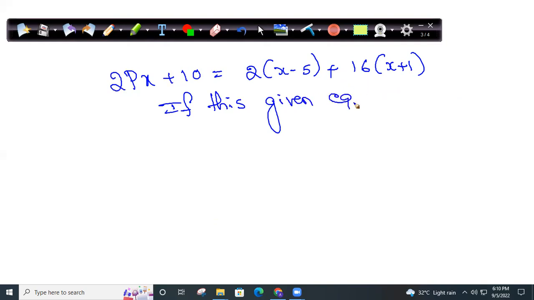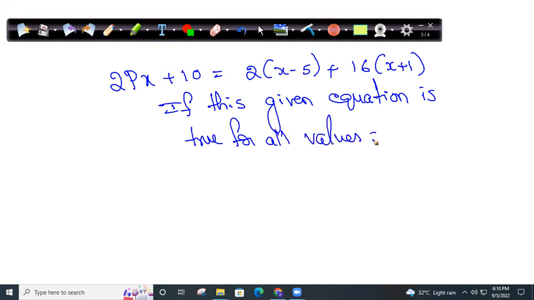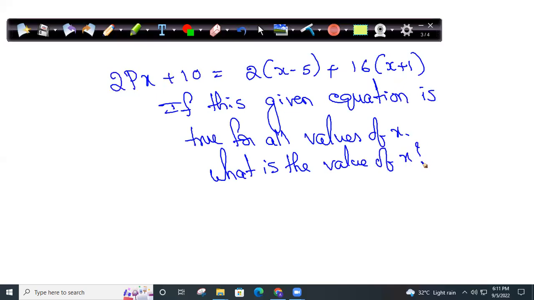If this given equation is true for all values of x, what is the value of p? Tell me what the answer can be.